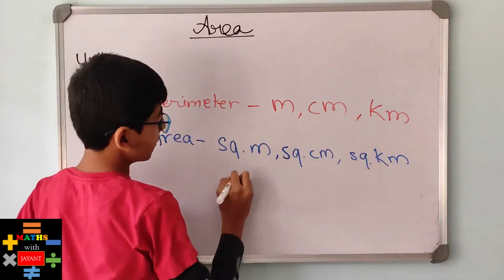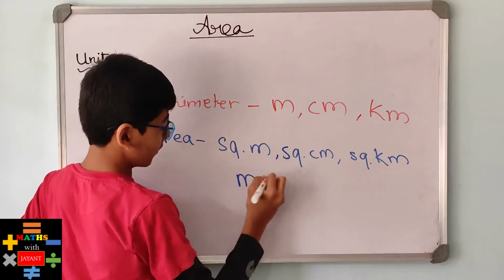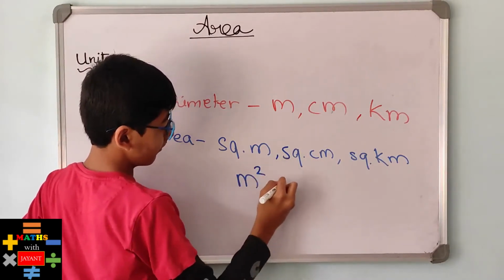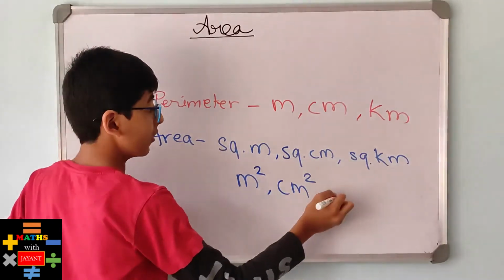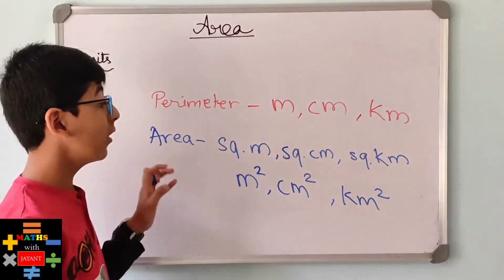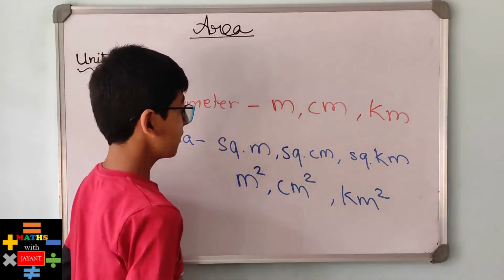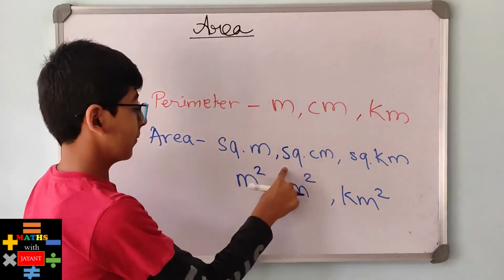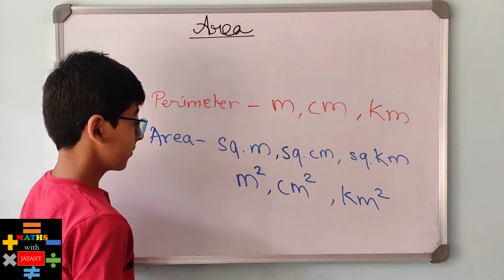Now we can also write them in another way. The unit, like over here, that is meter, so m with a small 2 on top, centimeter with a small 2 on top, and kilometer with a small 2 on top. Now the question is, how do you read this unit? We read them as square meter, square centimeter, square kilometer.